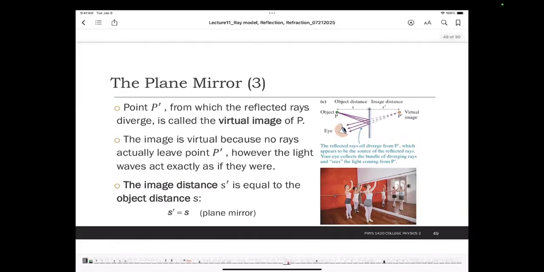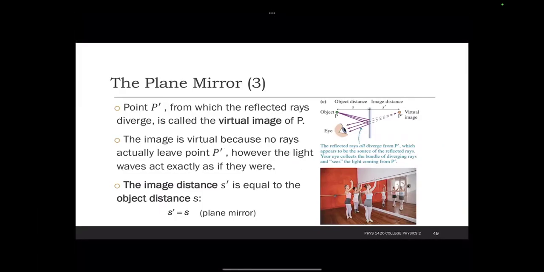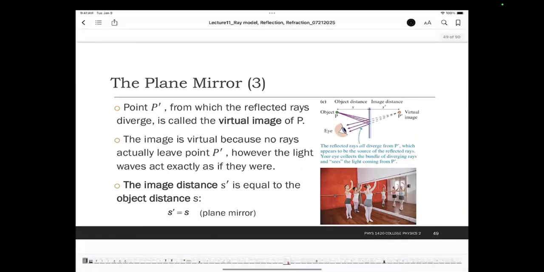Point P dot, from which the reflected rays diverge, is called the virtual image of P. The image is virtual because no rays actually leave point P dot.